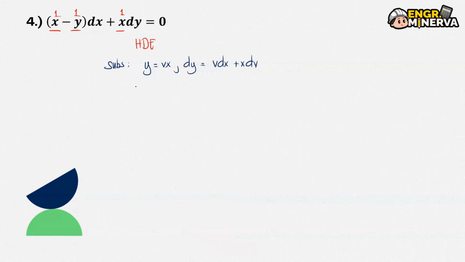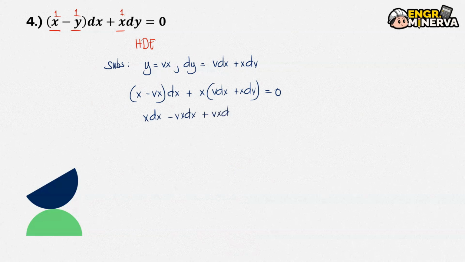Substitute, that would be (x minus vx) dx plus x(v dx plus x dv) equals 0. Distribute, that would be x dx minus vx dx plus vx dx plus x squared dv equals 0.